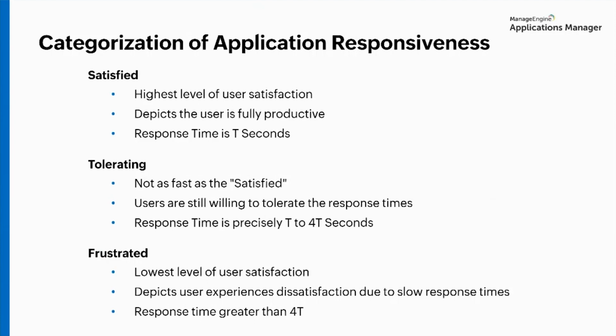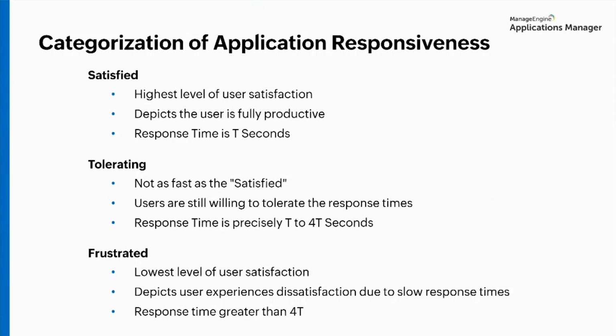The second one is tolerating. The tolerating category indicates the application's response time is in between the tolerating threshold and also the satisfied threshold. So users in this category might tolerate the performance but may not be entirely satisfied as under the satisfied category.